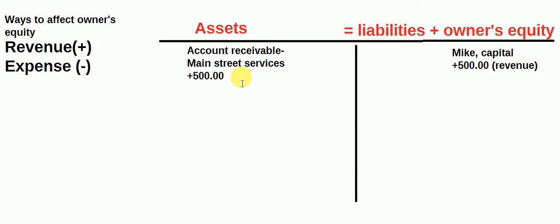Now, you know that sometimes, as a business owner, you don't make money all the time. Sometimes you have to spend money. So when you spend money and that decreases your owner's equity, then it is called expense. Expenses are the amounts that are being spent for the operation of the business.